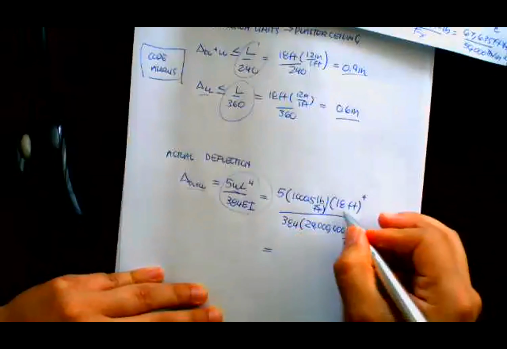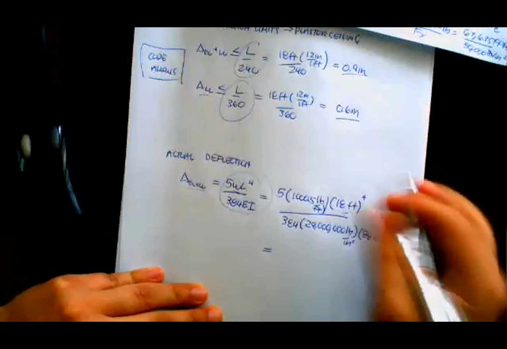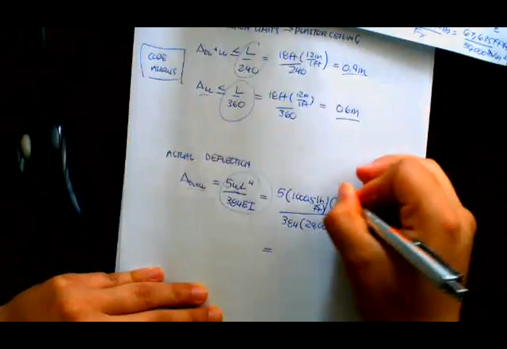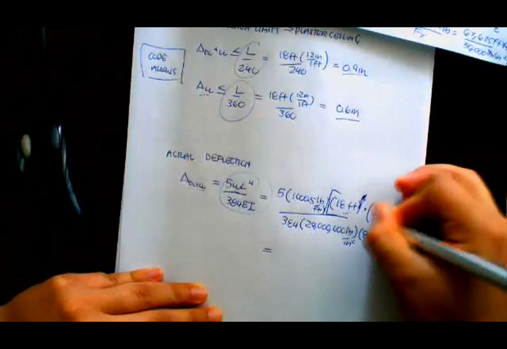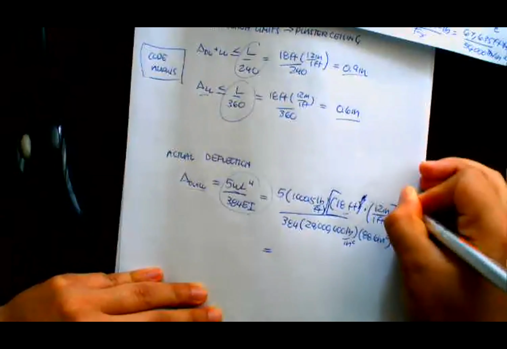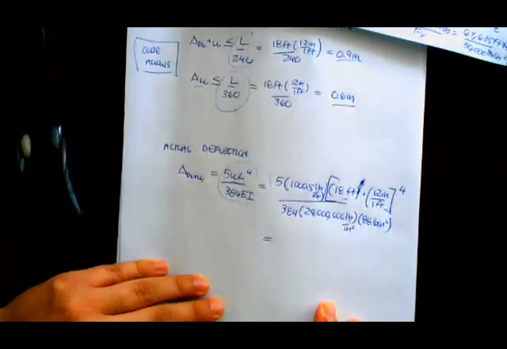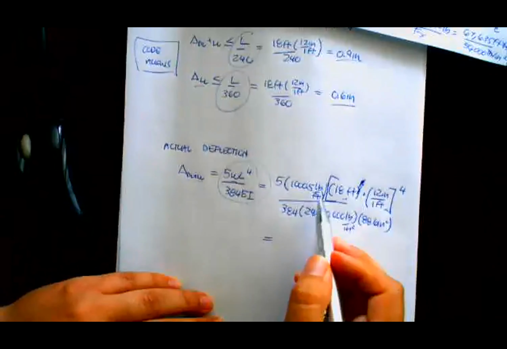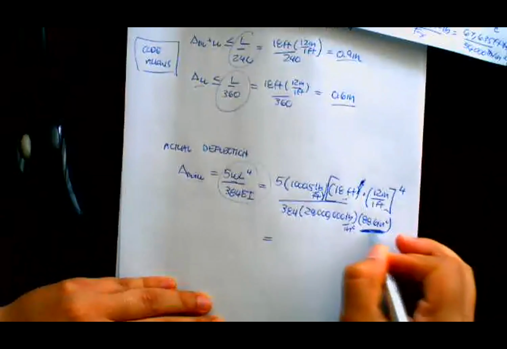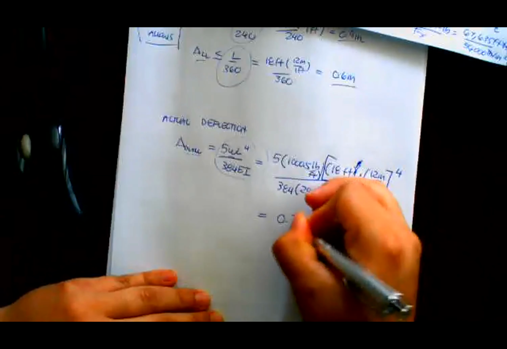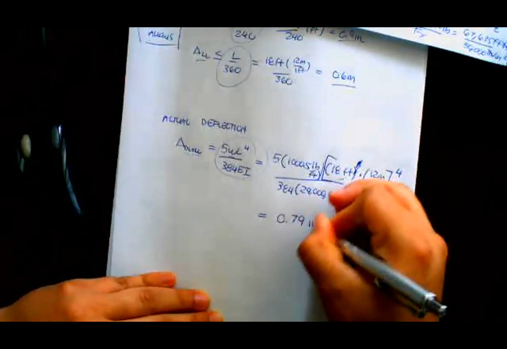Because this 18 is in feet, I'm going to multiply it by 12 inches over 1 foot, then raise it to the fourth power. You can do this on your own calculators. And let me be clear, this fluctuates depending on the beam you choose. When I plug this in, I get 0.79 inches.